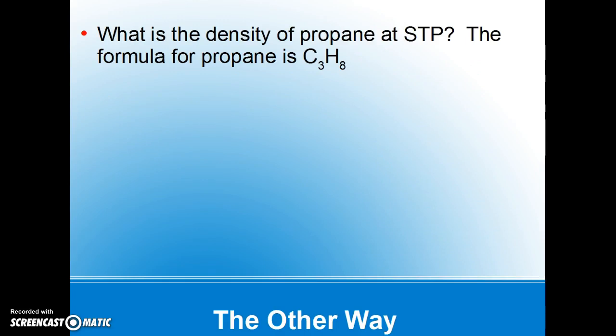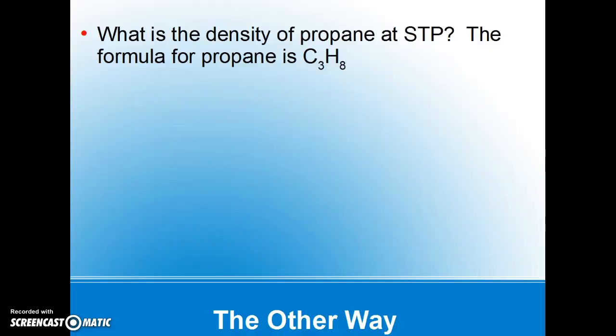Now, the last thing you need to be aware of is how to find the density of some gas that you know the formula for. And we're going to do this at STP, although you could do it at any temperature and pressure. Now, you may recall that when you have the molecular formula of anything like this, you can simply add up the atomic masses to get the molecular mass.